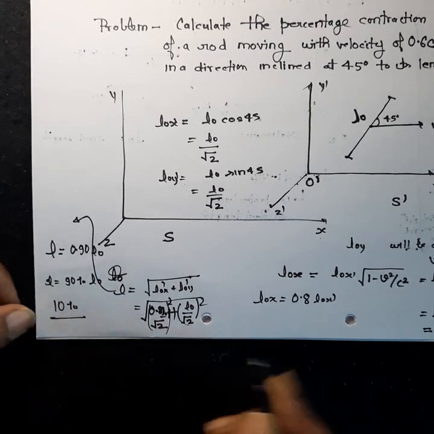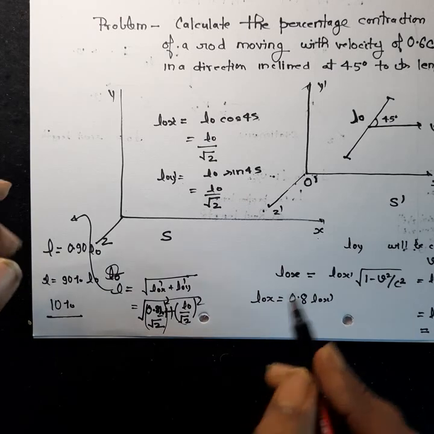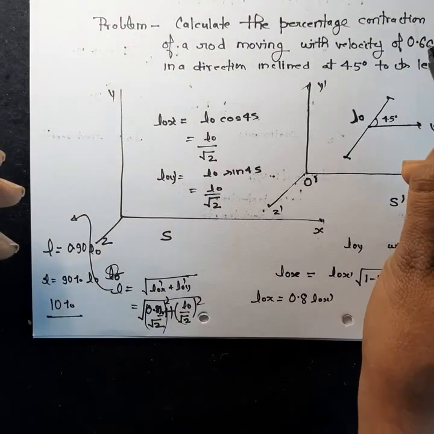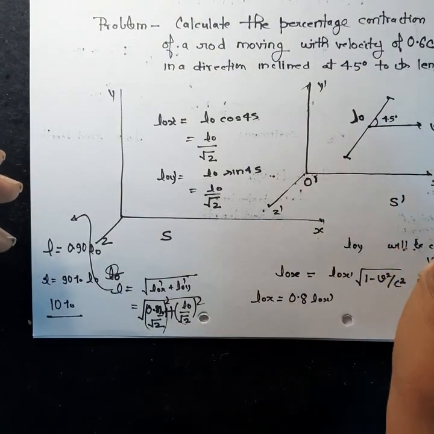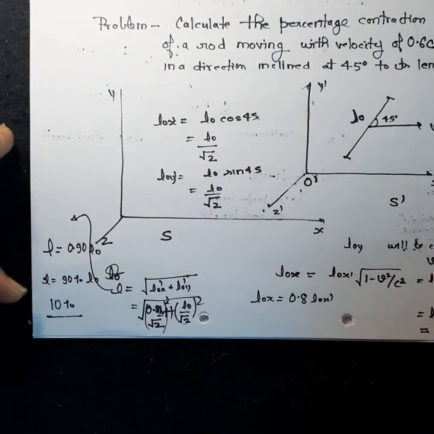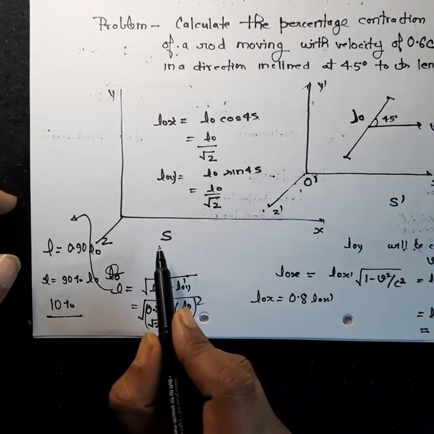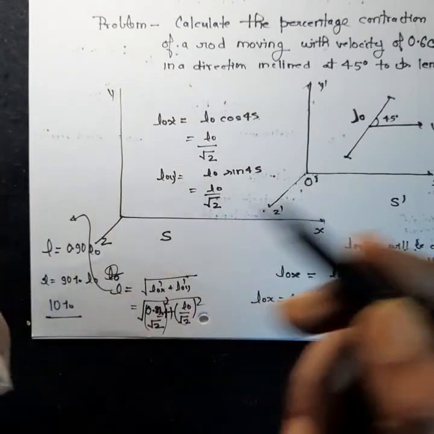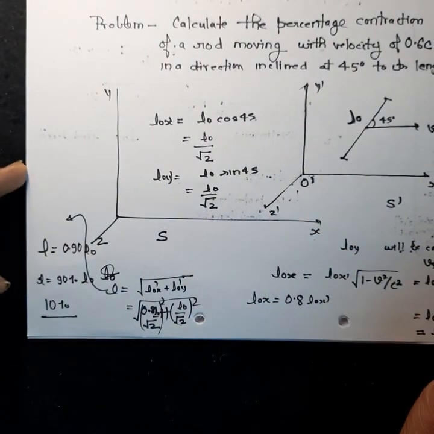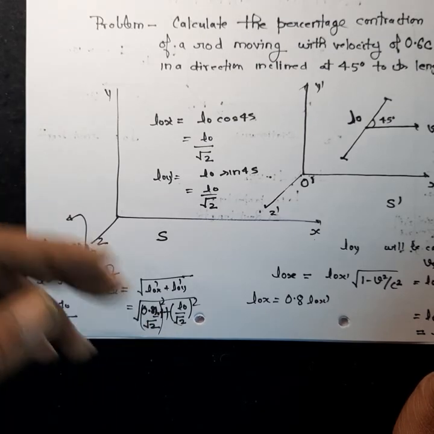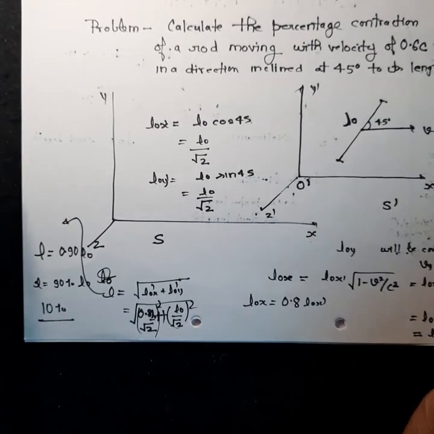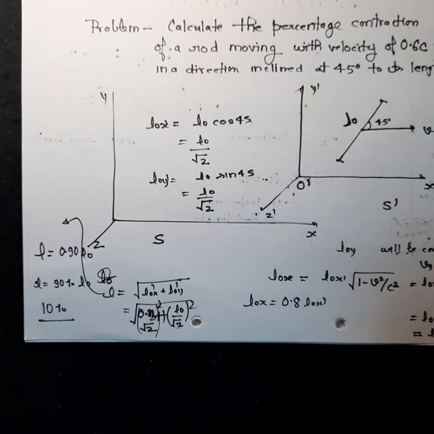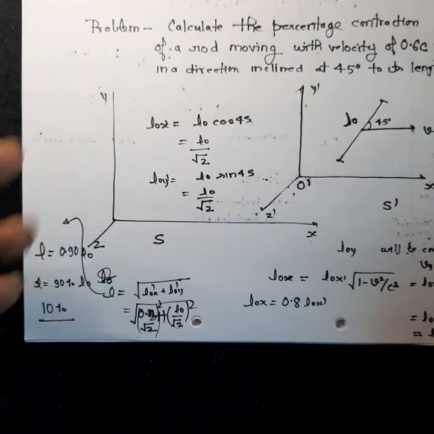In this way you see that when the rod was moving with a very high velocity, 0.6c, comparable to the velocity of light, the observer which was at rest will measure its length to be smaller than its actual length. In our daily experience we don't see this effect because the velocities we observe are very small.